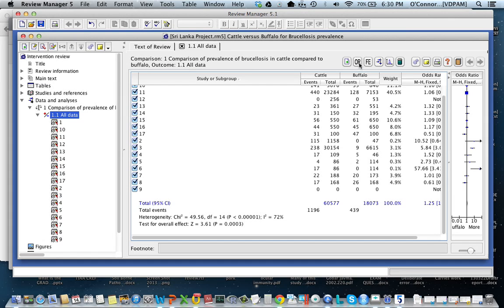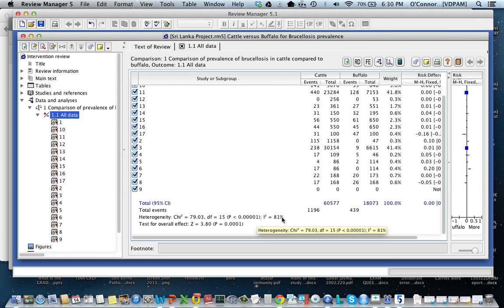So what I'm going to do is click on the risk ratio, and you'll see, yes, there are changes, but we still have interaction on the risk ratio scale. What about if we look at risk difference? And yes, we're still seeing interaction or evidence of heterogeneity on the risk difference scale.